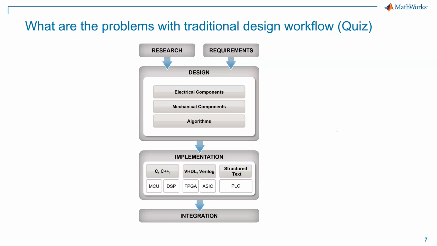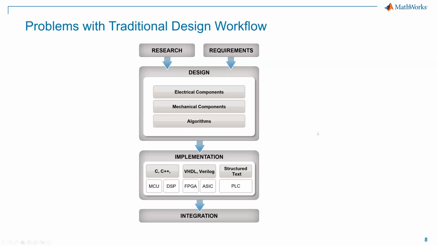Okay, let me tell you what the problems with this are. With the traditional design workflow, the first problem comes with the requirements. Here the organizers are giving you the requirements, but tomorrow when you move to the industry, you will be getting requirements for a particular product either from a customer or from a product design team, and sometimes those requirements are difficult to interpret, that is, how those requirements will lead to which algorithm selection or component selection or design selection.